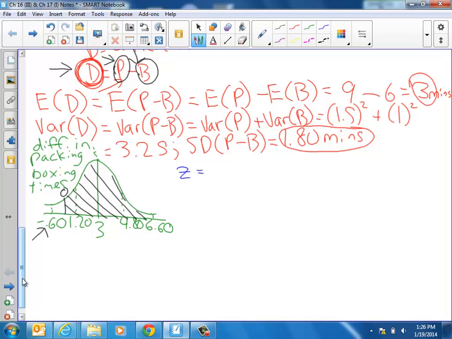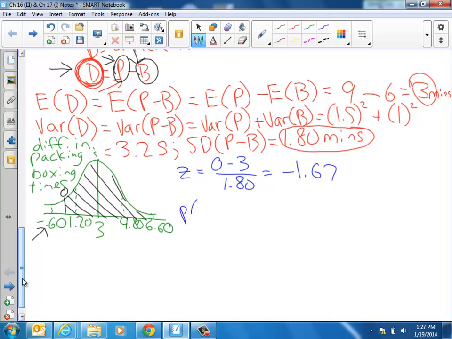Our z-score is equal to not the variable, the data value we care about, which is 0, minus the mean of 3 over our standard deviation, which we found to be 1.8. So our z-score is negative 1.67.